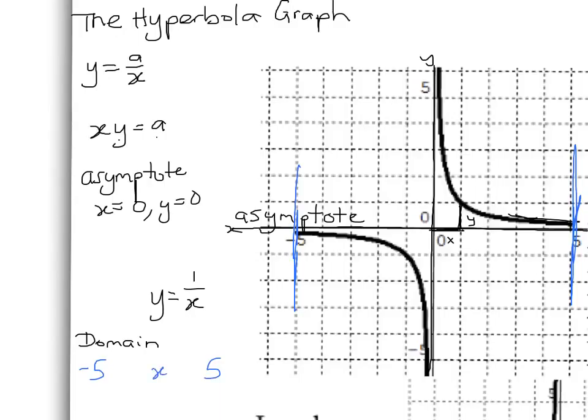So our x is greater than or equal to -5, less than or equal to 5, and x is not equal to 0, and our y value is not equal to 0. There's some features of that hyperbola.